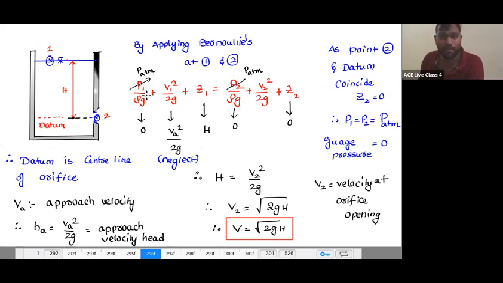After all, in open channel flow, you are asking this question: have I taken anything regarding pressure in the open channel flow? No. Why? At a free water surface, what is the pressure? Atmospheric pressure, which means gauge pressure is zero. So these pressures are nothing but gauge pressures, and we have to take them as zero.